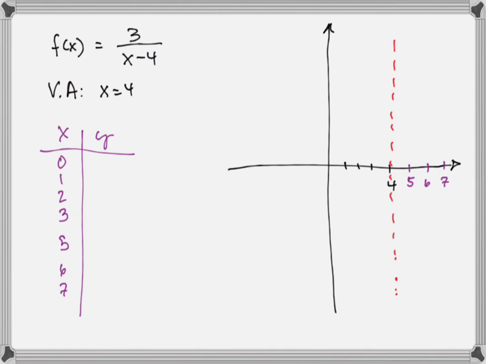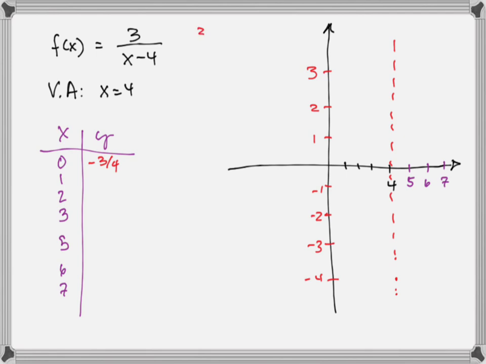If x equals 4, what is our y value? Undefined. No, if x... I did say 4, right? I meant 0. If x equals 0, what is our y value? 3 over -4. So it would be -3/4. Yes.